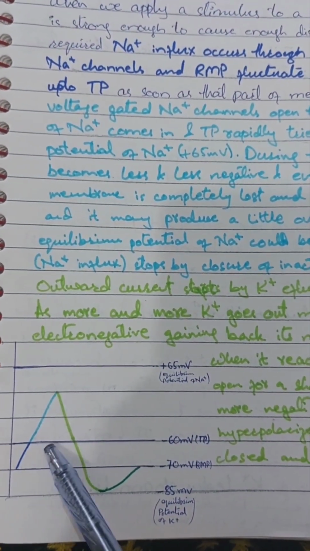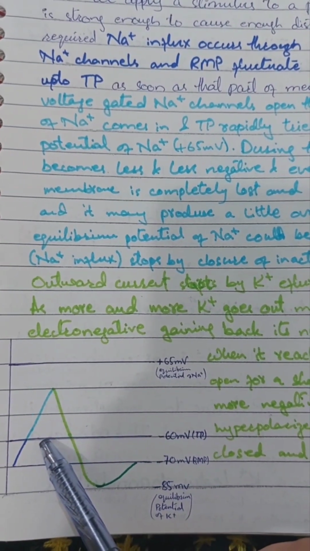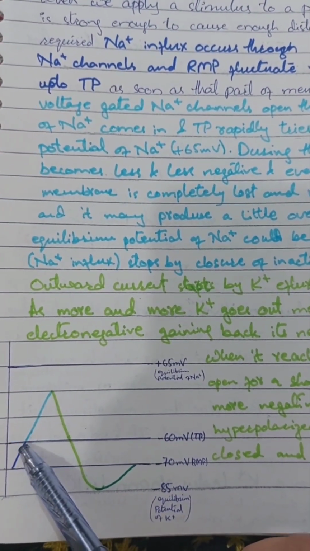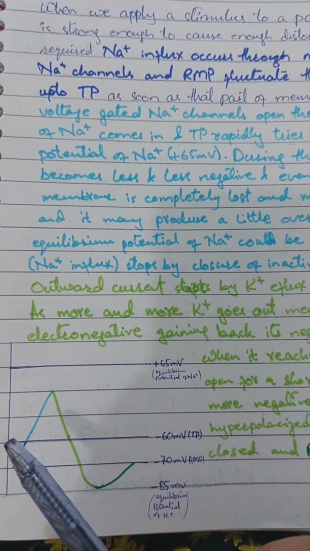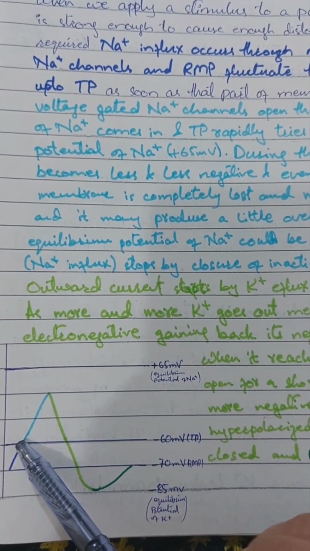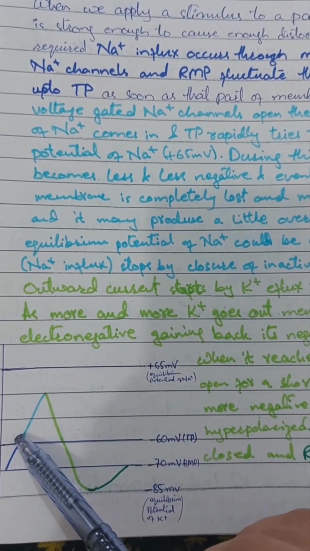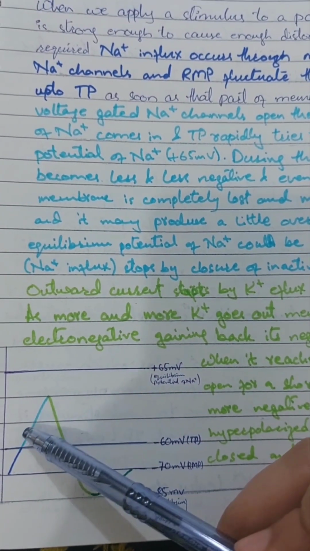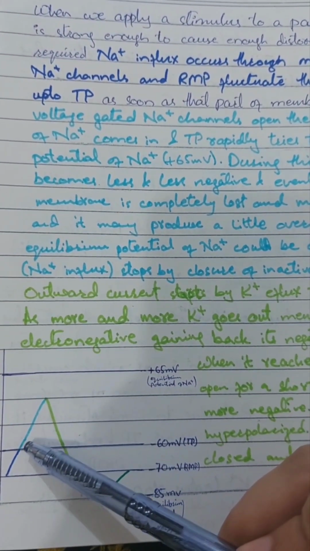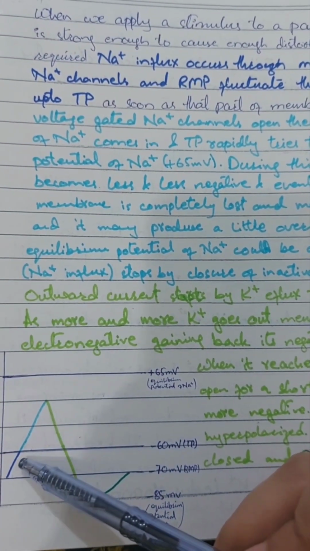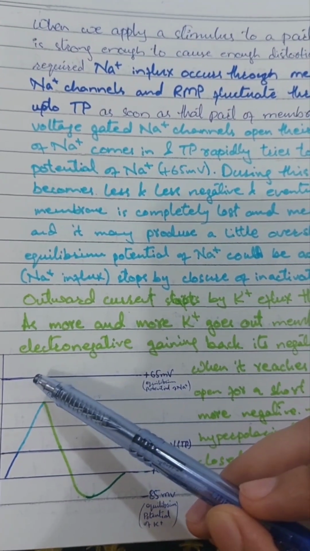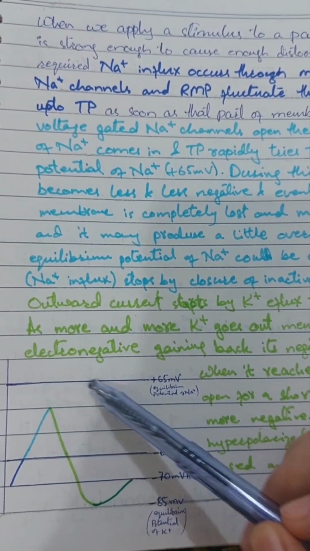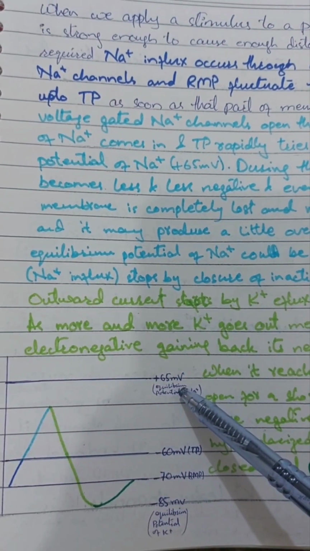As soon as that part of the membrane achieves threshold potential, millions and millions of voltage gated sodium channels open and their activation gate opens. A lot of sodium comes in and the membrane potential rapidly tries to reach the equilibrium potential of sodium, which is plus 65 millivolt.